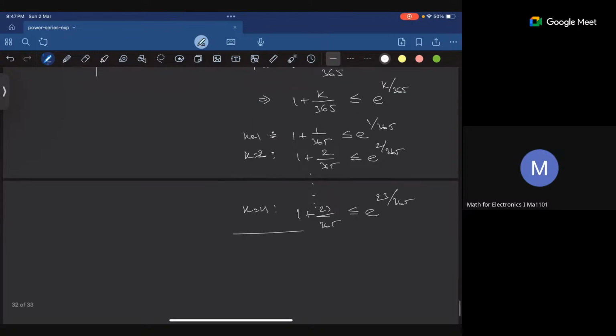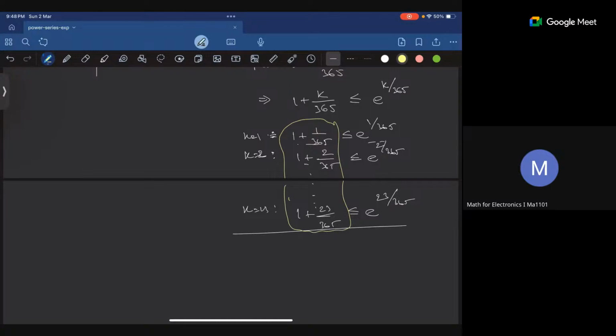So now all the terms are positive. The left hand side is positive, right hand side is positive, everything is positive values. What we need is the product of all these 23 terms.